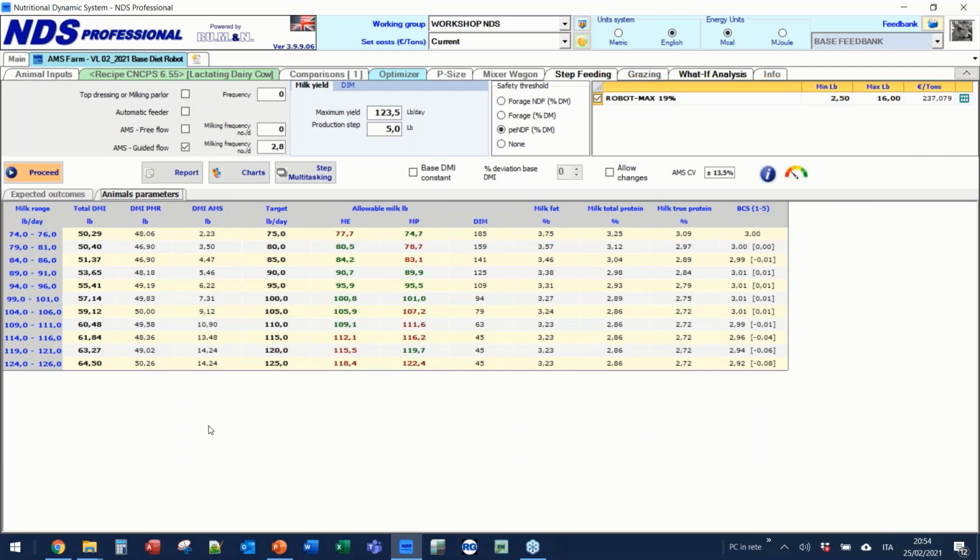These are the parameters that step by step are considered.